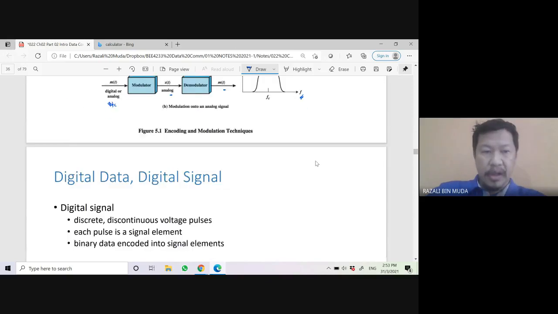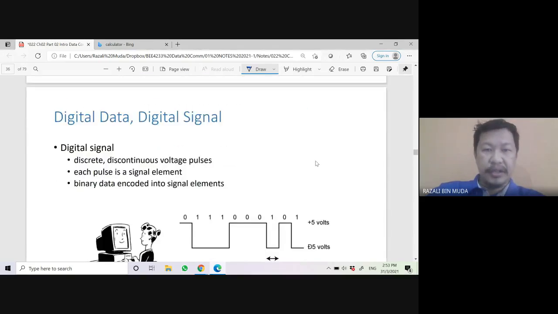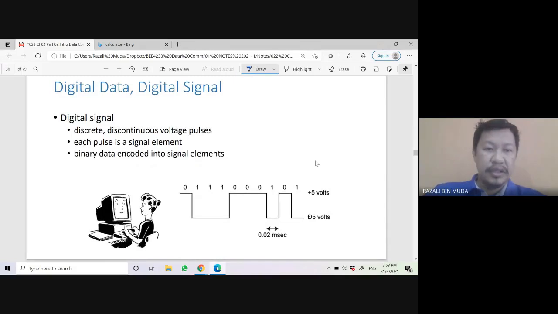Okay, digital data signal, digital signal. This is the characteristic of a digital signal: it is discrete. Discrete means one by one. It is not continuous, it is a discontinuous voltage pass.